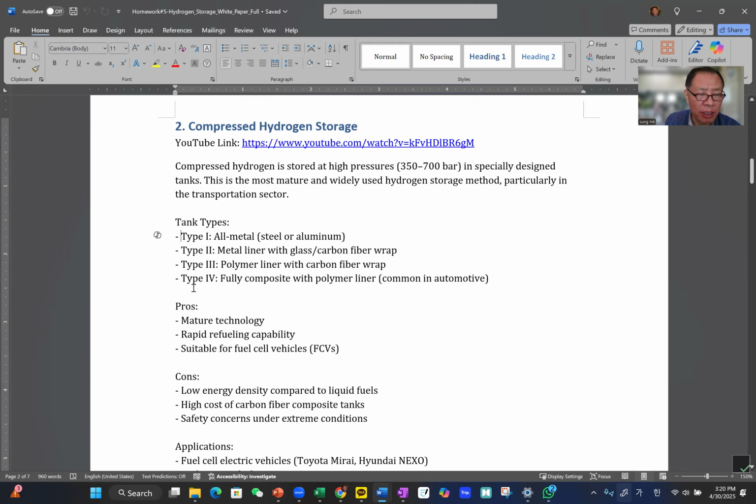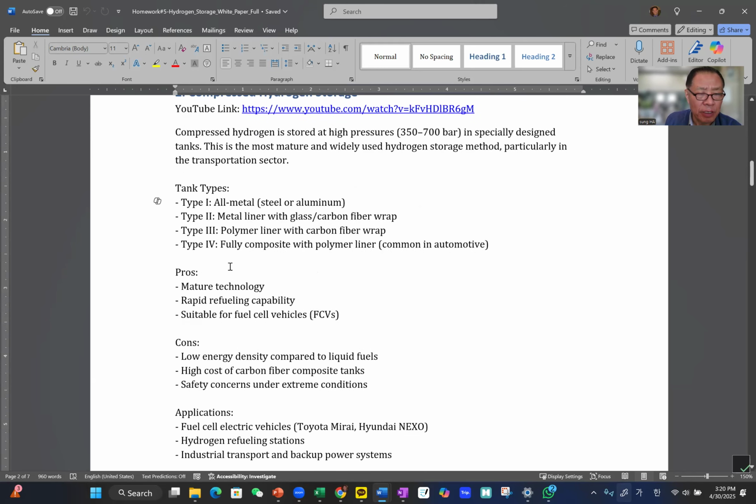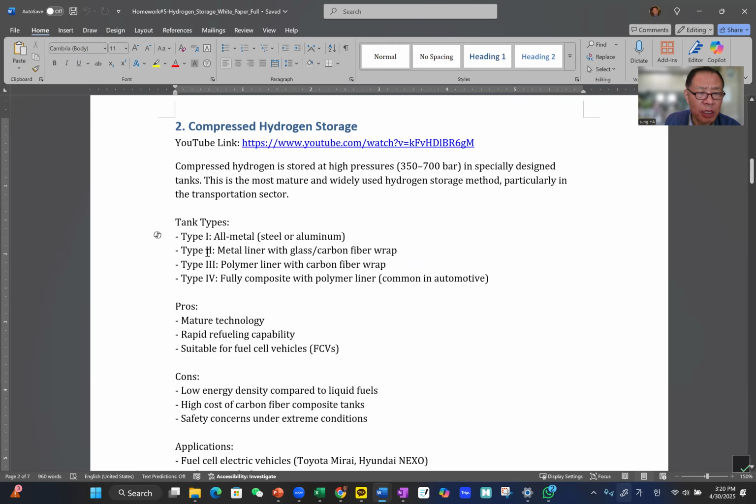Actually, there is another type, type 5, which I will further explain. But simply said, we don't have a liner for the hydrogen tank. That's type 5. Anyhow, these types basically compress the hydrogen.